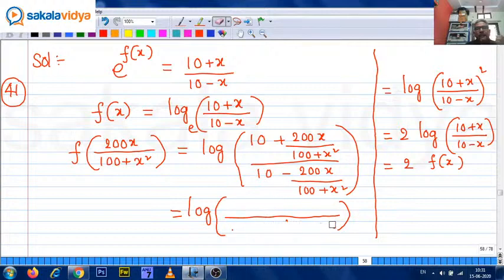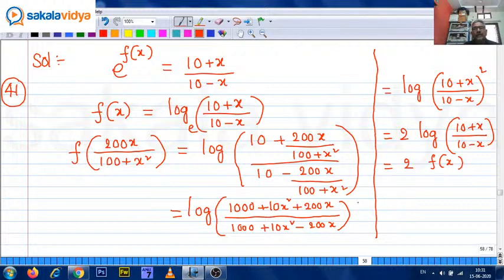Wait 1 minute, I will rectify it. So thank you for reminding me. 100 in 10 into 100, 1000 plus 10 into x square, 10x square. Am I correct? Plus 200x. This will be 1000 plus 10x square minus 200x. Here take 10 common, you get same thing itself only.